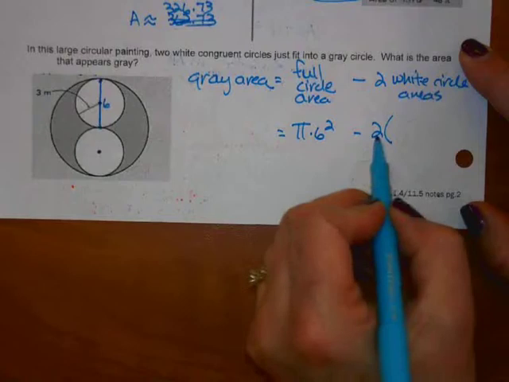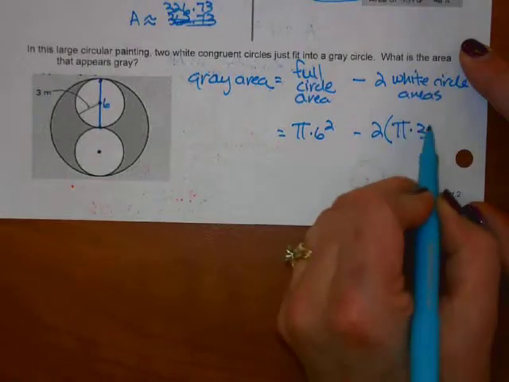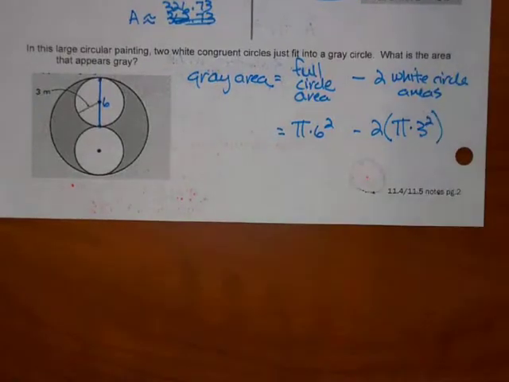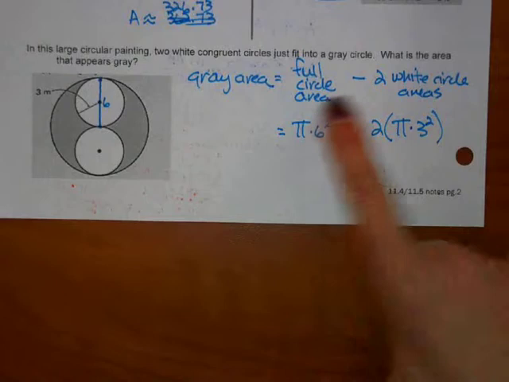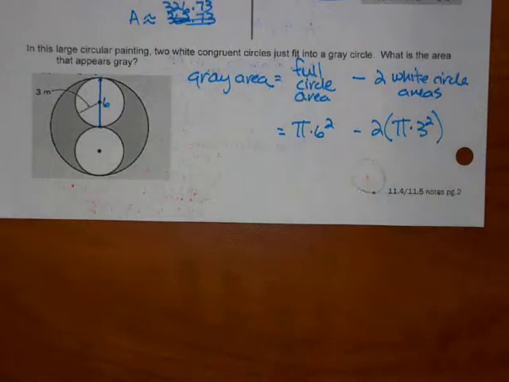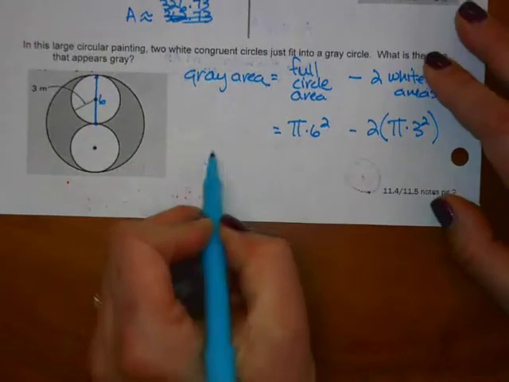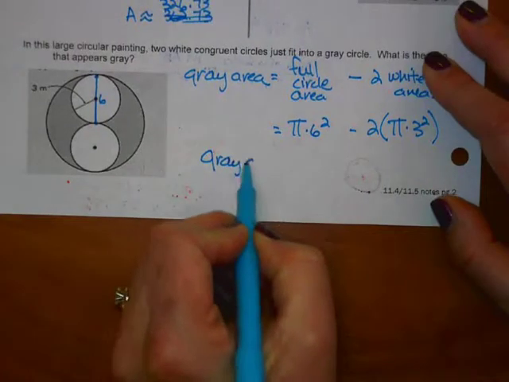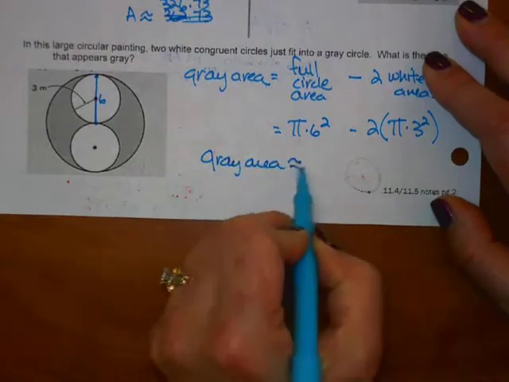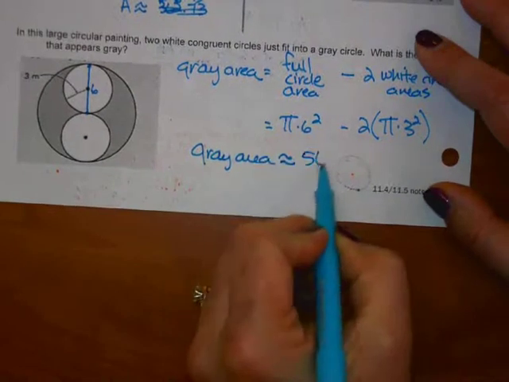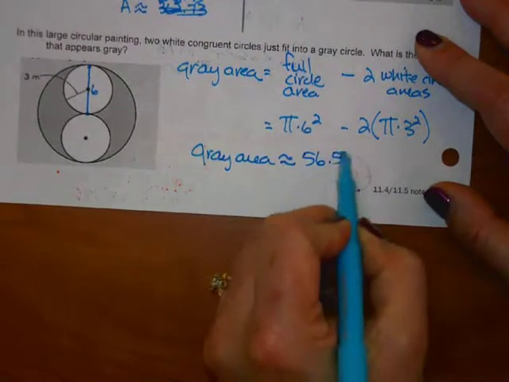So I do 2 of those, pi times 3 squared. Make sense? Sometimes writing it out like this helps, filling in what you know and looking at the picture. That means the gray area will equal approximately 56.55 meters squared.